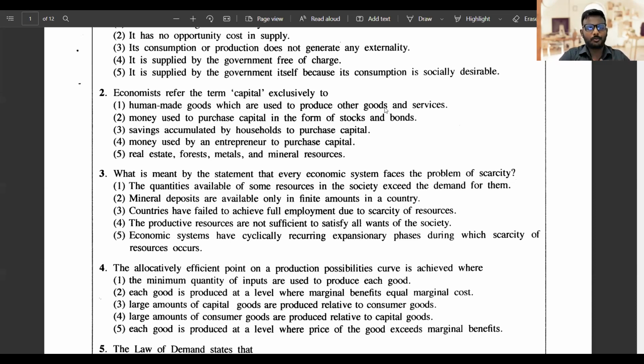Third question, what is meant by the statement that every economic system faces the problem of scarcity?